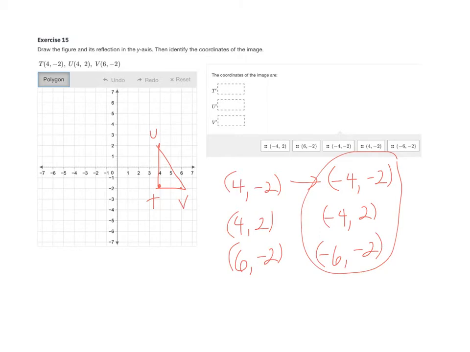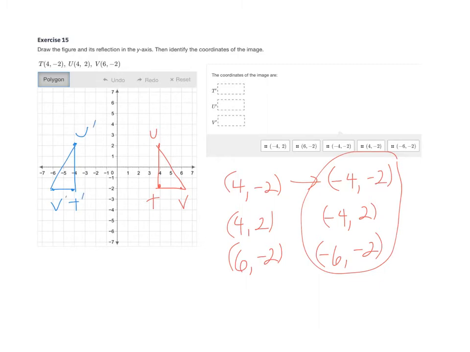reflection over the y-axis. So I've got -4, -2. That one's there. I've got -4, +2. And I have -6, -2. And this is T, V, U prime.